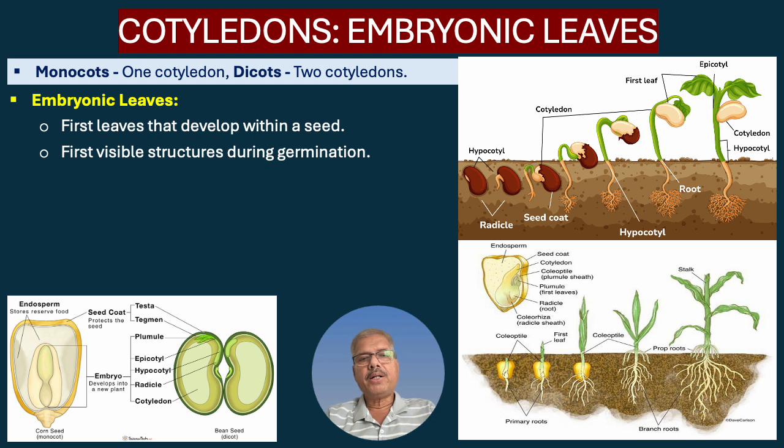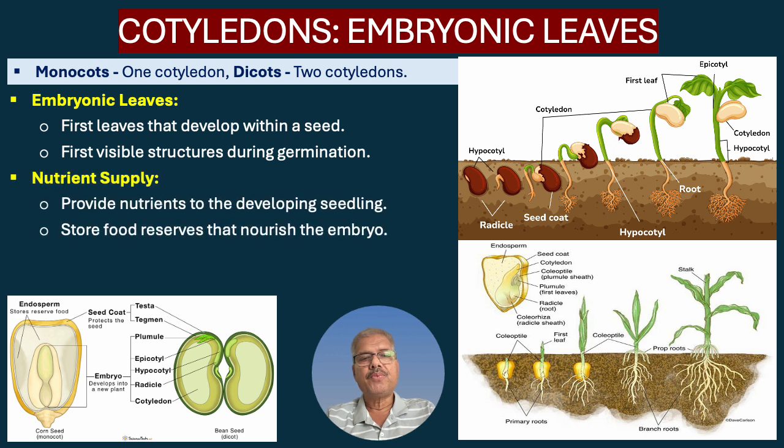Cotyledons are fundamentally the embryonic leaves that form within the seed, serving as the seedling's initial leaf structures. They are among the first parts of the plant to become visible upon germination. A critical role of the cotyledons is to act as a nutrient reservoir. They often store food reserves which nourish the germinating embryo until the young plant can produce its own sustenance through photosynthesis.